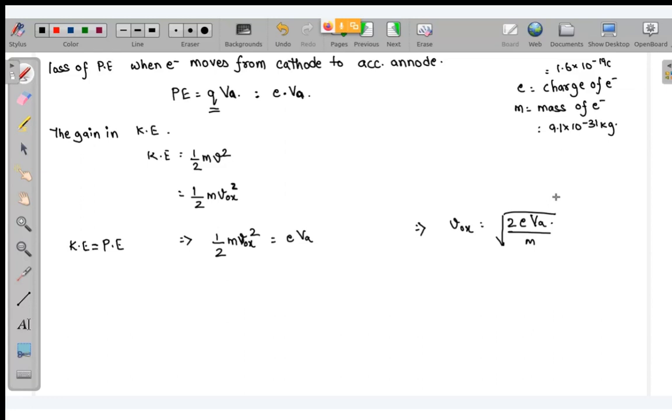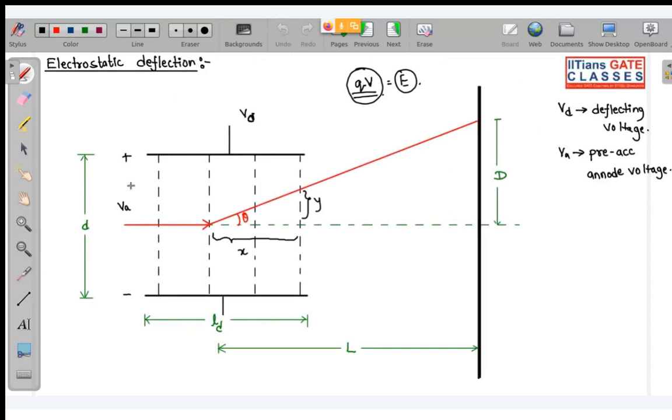So did we understand up to this point? This is the velocity of the electron in the x direction as it enters the deflecting plate. This is the velocity when your electron is just at this point, when it is entering this point.